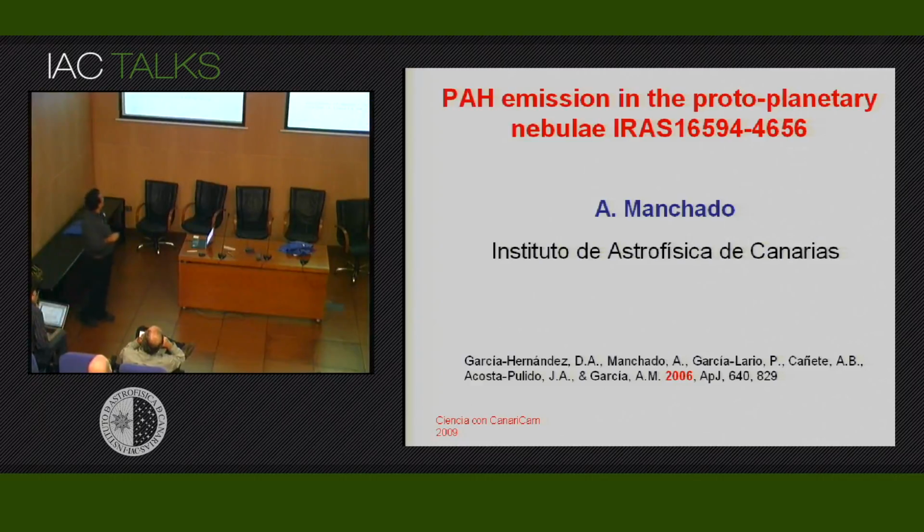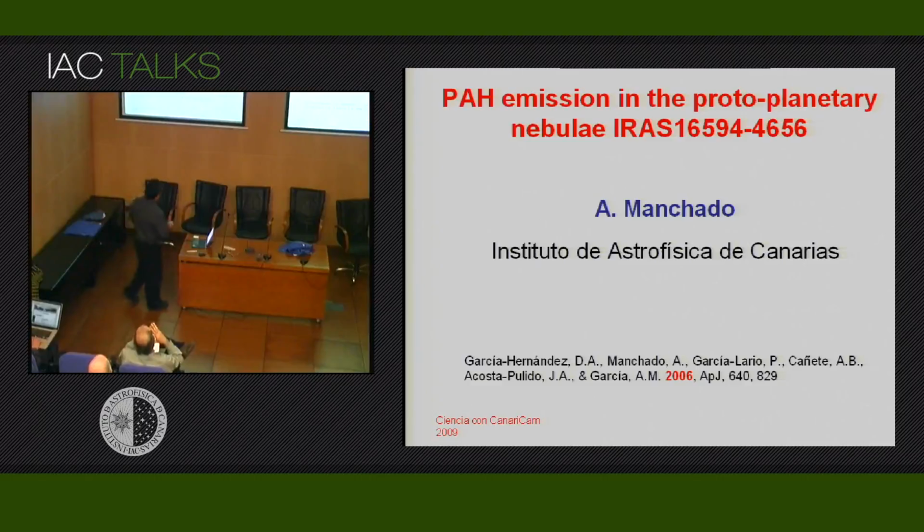Several authors propose different molecules. And also from HST, it shows a multipolar structure. As I said, all this has been published in this paper in 2006.